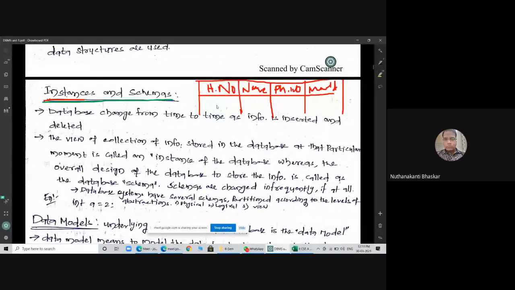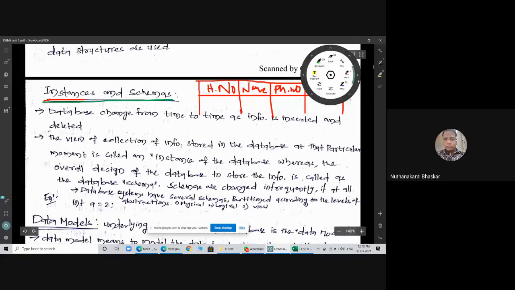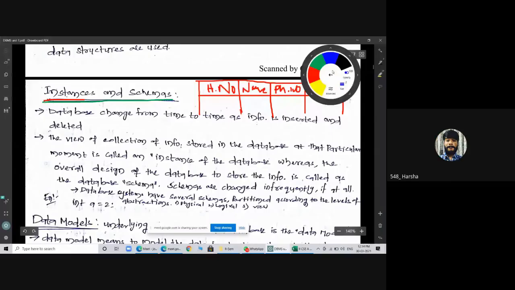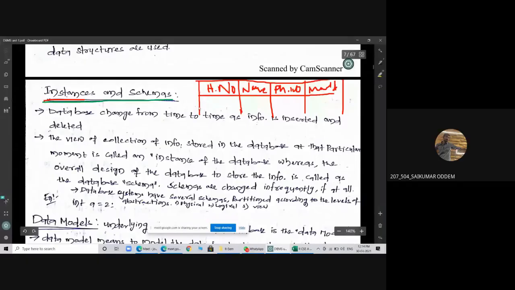Tell me fast. What information are you going to write here? You have started writing your information. Now, what information are you going to write in this field? Hall ticket number. Tell me.